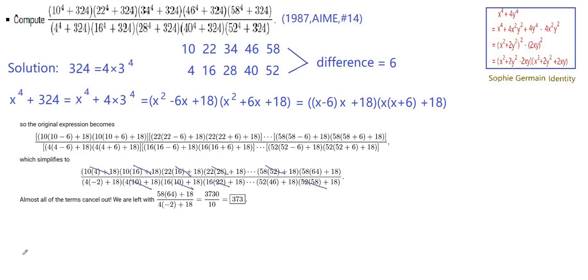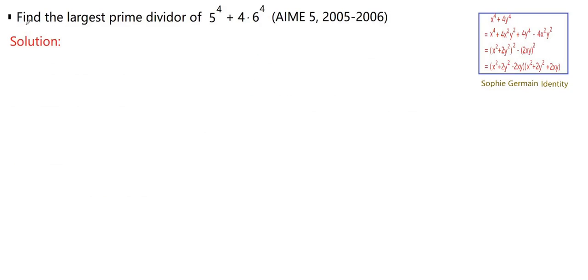Okay, let me go to the next problem. The fourth problem: find the largest prime divisor of 5 to the 4th power plus 4 multiplied by 6 to the 4th power. AIME, question 5. Obviously, we can use it immediately, with x equal to 5 and y equal to 6.